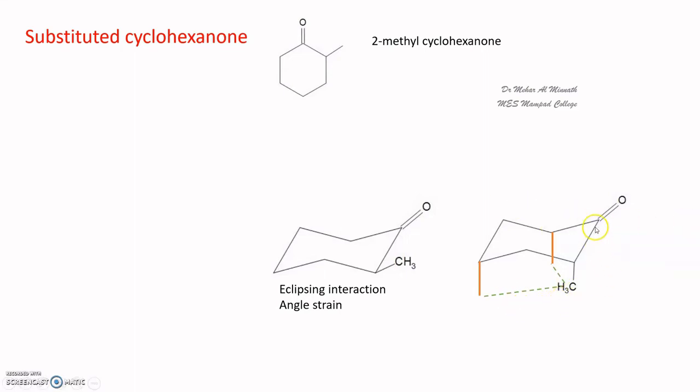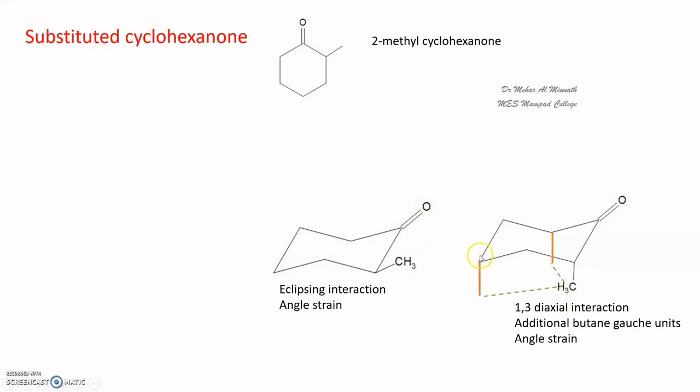So here there will be angle strain, 1,3-diaxial interaction, and additional butane gauche units will be introduced. In the equatorial form, additional butane gauche units will not be there.